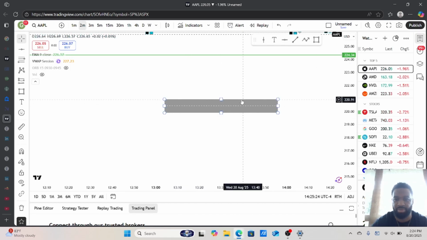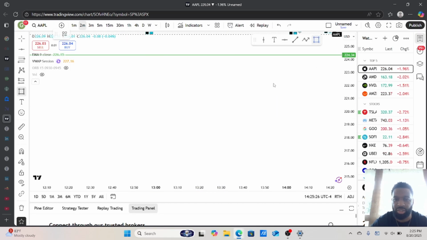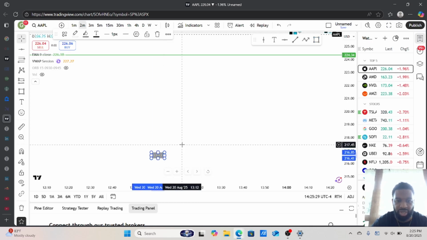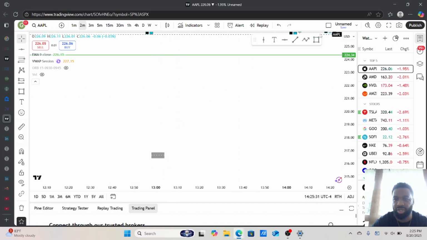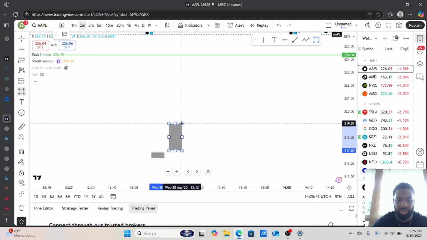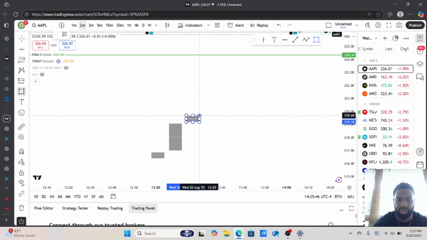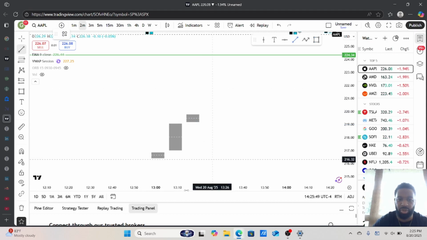So let me just make a demonstration fair value gap here. Let me change the color of the box. All right, so it's candle one. And there is candle two. And here is candle three. All right, so we have, oh, that's not what I want.